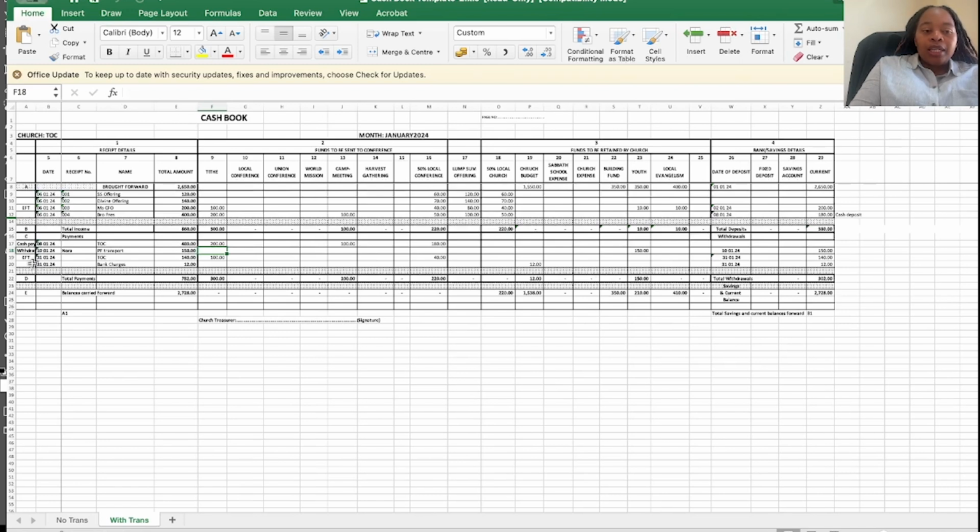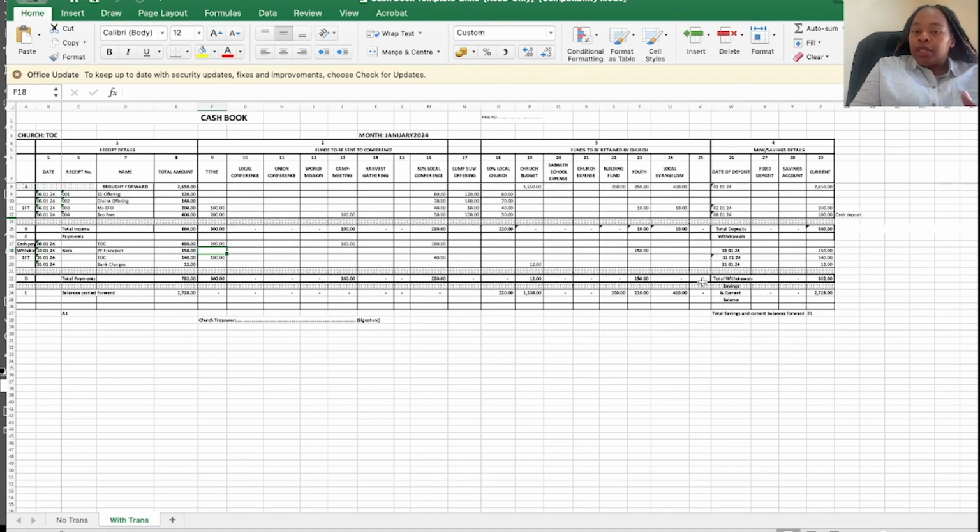So we're doing an EFT, which is electronic funds transfer, from our bank to the TOC bank account at the end of the month. So what we owe TOC that came straight to our bank account is that 140 from Miss CFO. So there's the 140. What was it for? 100 rand was for tithe, and 40 rand was offering, local conference offering. There it is. We put it like that.